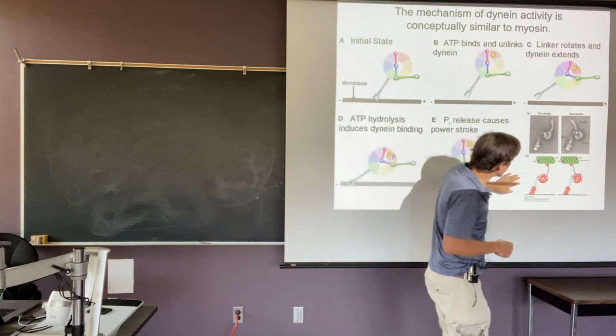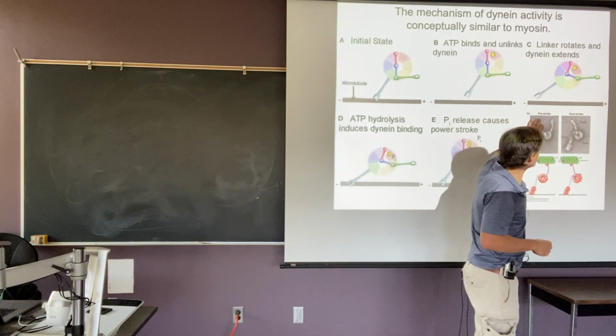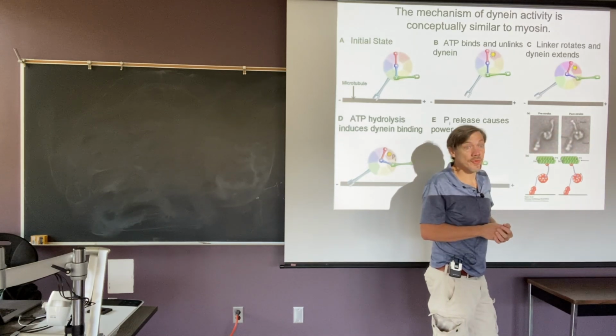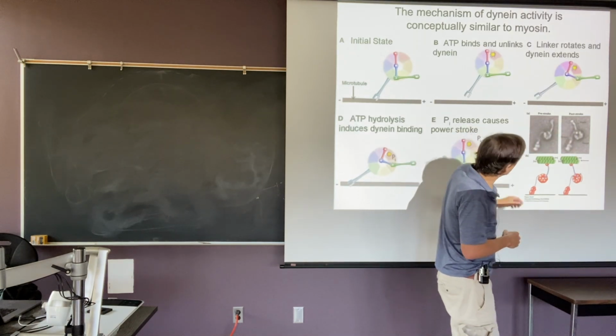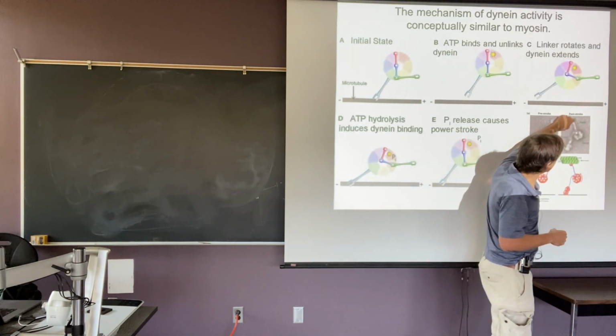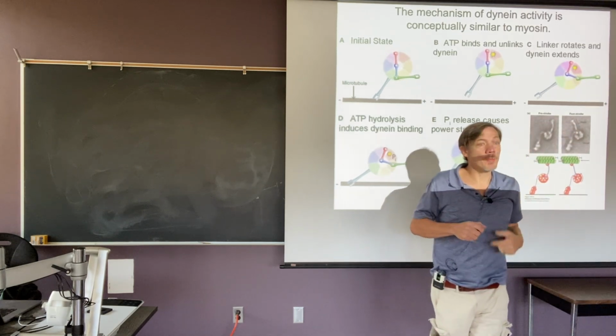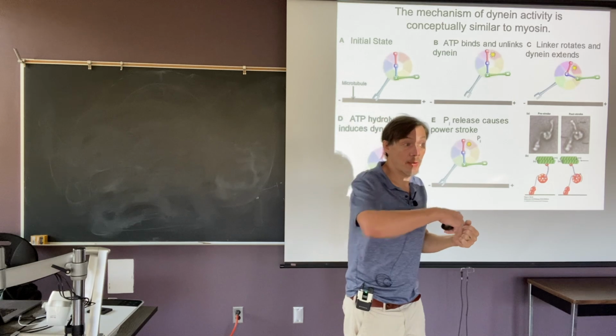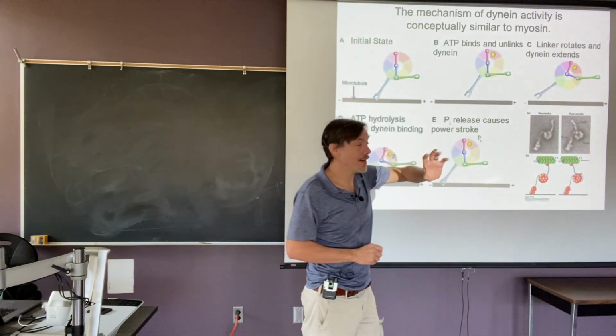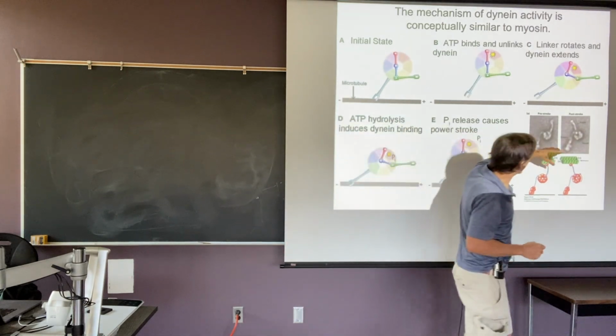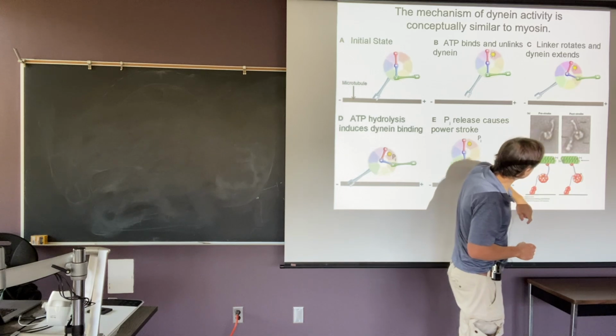And here, these are electron micrographs showing the structure of dynein, and we've got the stalk domain up here, and then there's this big head domain, and a big part of the mechanism by which forces are generated is that ATP hydrolysis causes this conformational change.